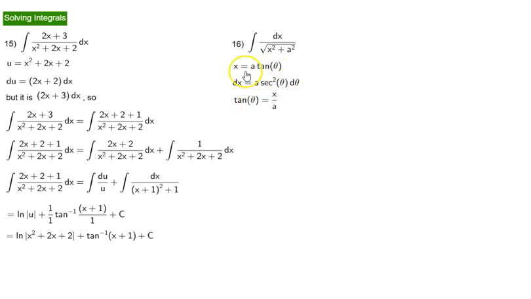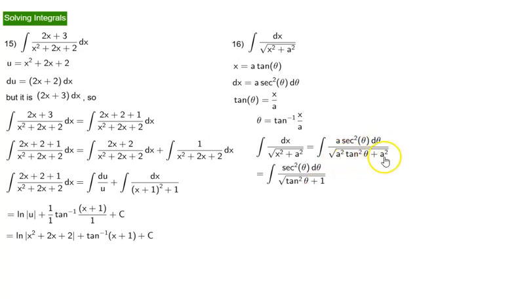Now tan theta is equal to x by a, which means theta is equal to tan inverse of x by a. Now, carrying out the substitution, our original integral becomes integral of dx, which is a sec square theta d theta, divided by square root of a square tan square theta plus a square. A square is common, take it out of the square root, as a cancels out.